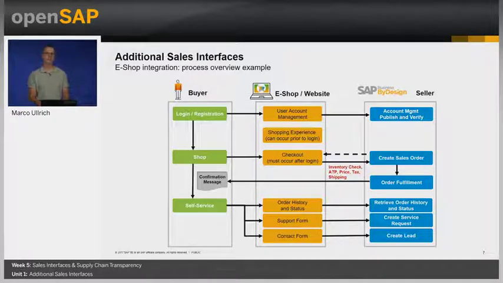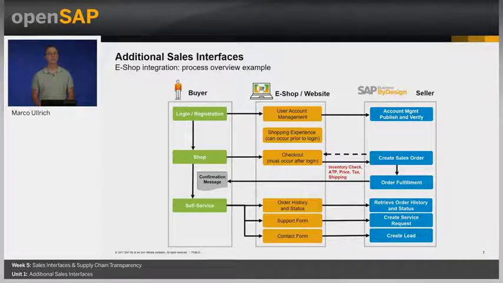We can see here that a new or already known customer or user is logging in. He or she is creating a shopping cart, selecting products, and finalizing the processes with a checkout. So during this purchase experience, both the web shop and SAP Business ByDesign can be triggered to provide real-time information like product availability, price information, and so on.